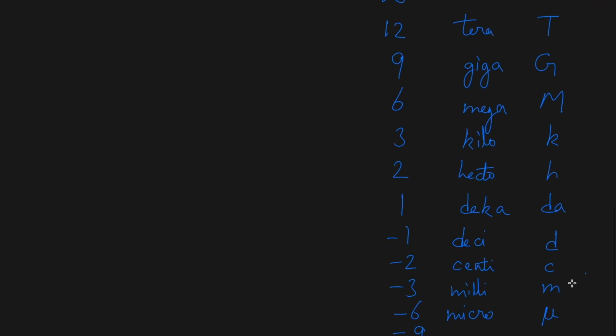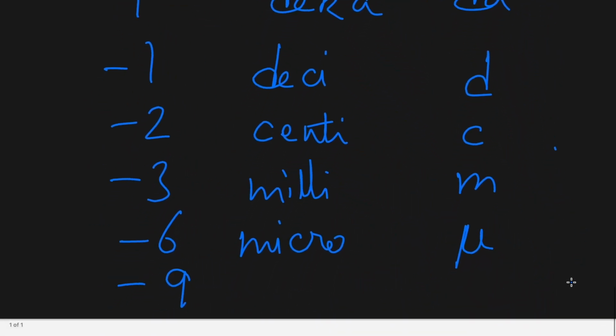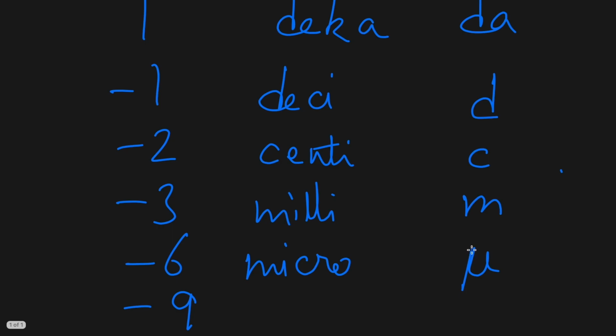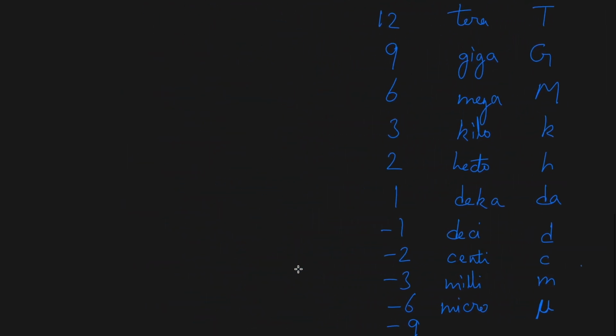Yes, this is the symbol. This is actually a Greek symbol, which is read as mu. So this is a Greek symbol which is used for micro. Let me zoom out a bit.